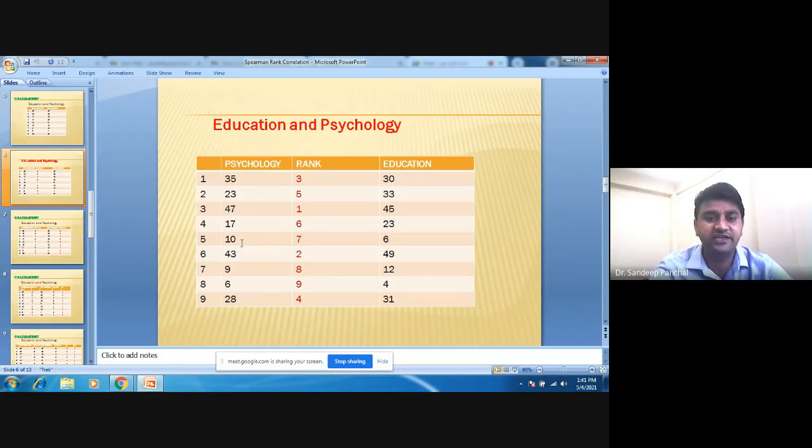You can see 47 is the highest in the psychology category, so we assign rank 1.